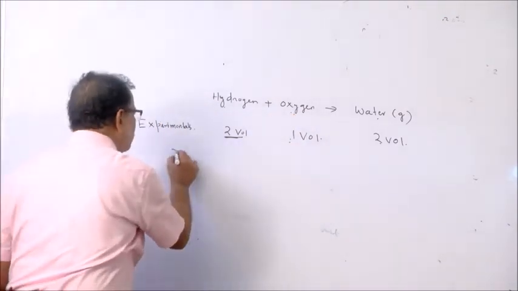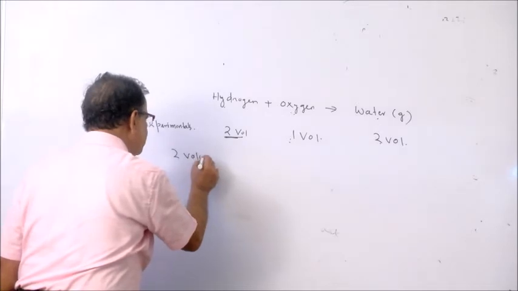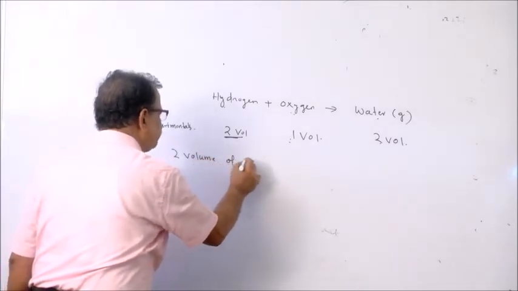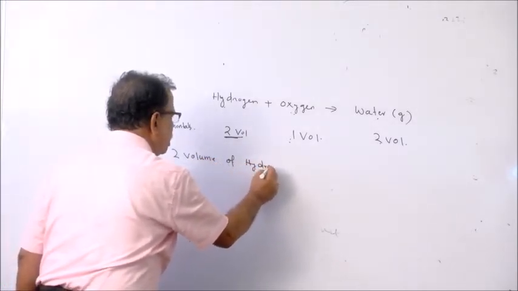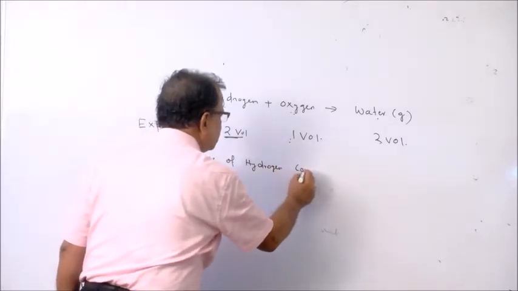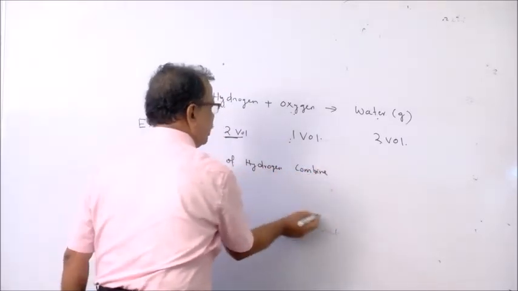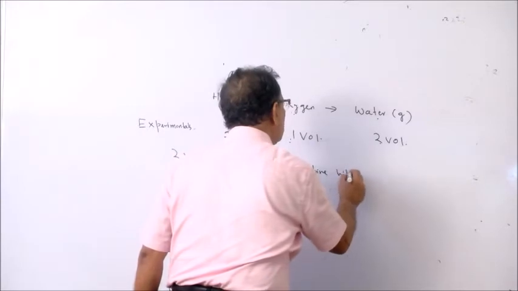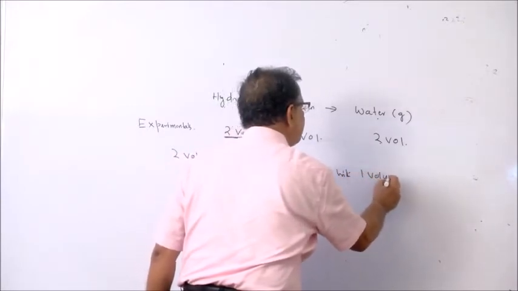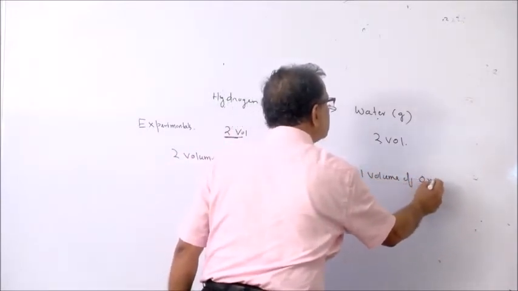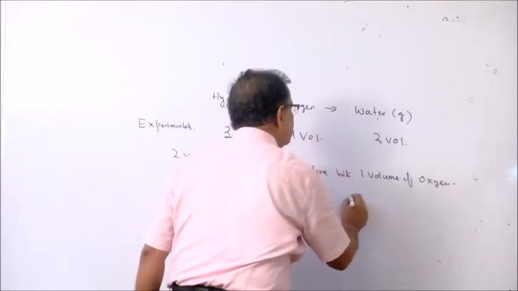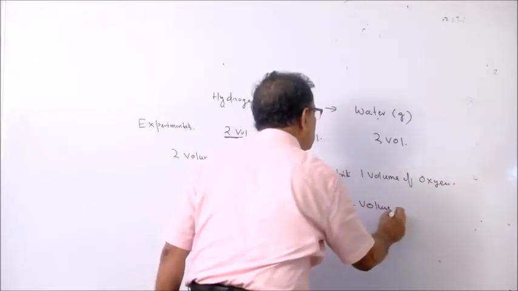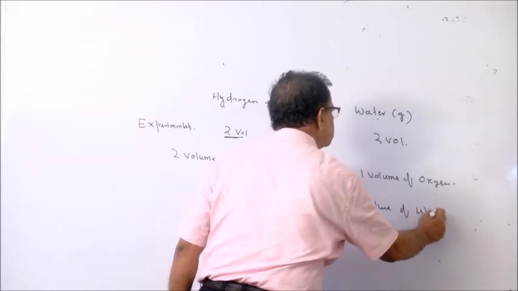So 2 volumes of hydrogen combined with 1 volume of oxygen give 2 volumes of water.